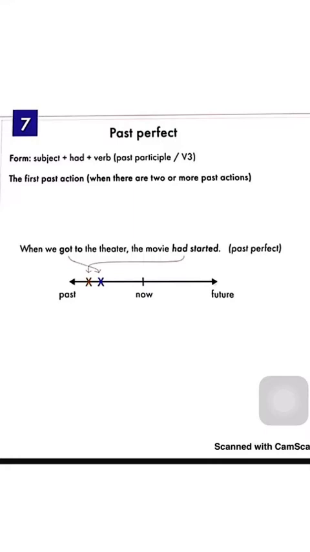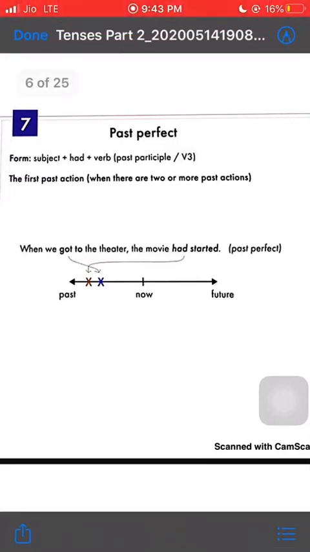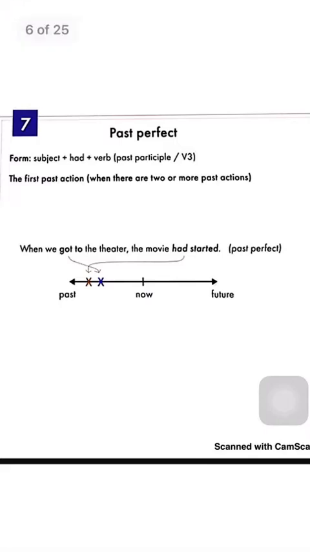So from here I have got to tell you that we make the past perfect with a subject, which means I, we, they, he, she, it, plus had. In the past perfect we use had, and if you remember yesterday I told you in the present perfect we use has or have.